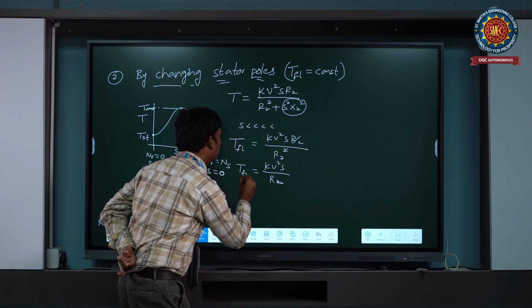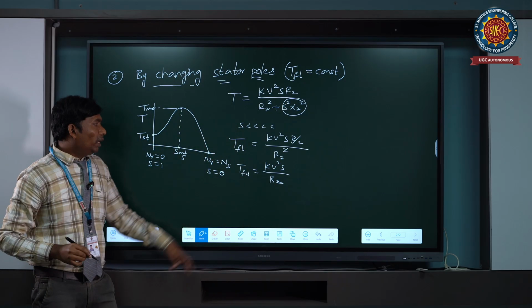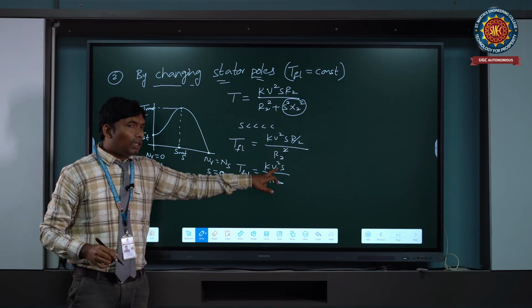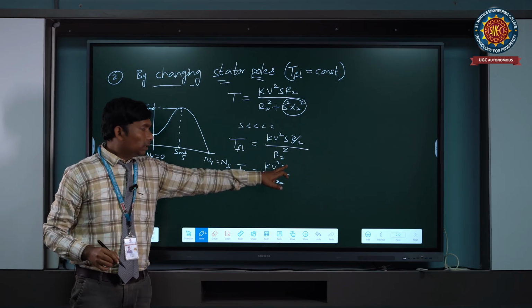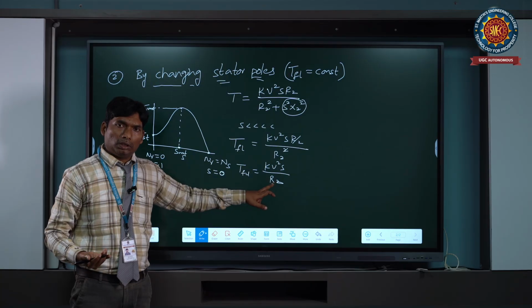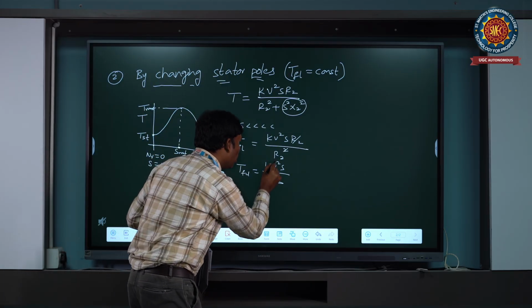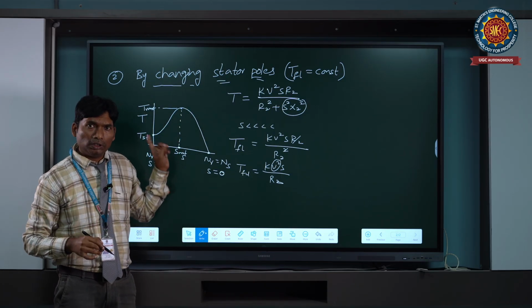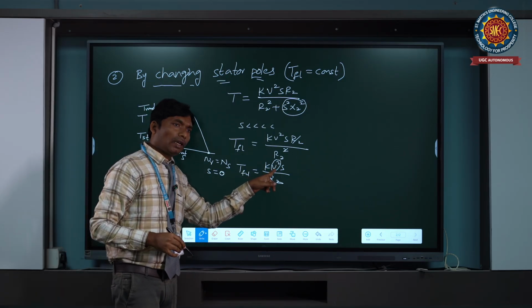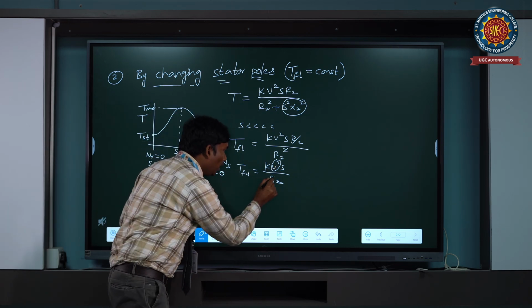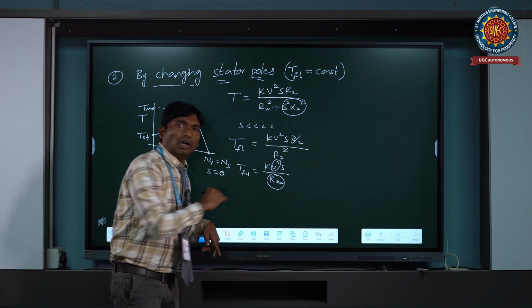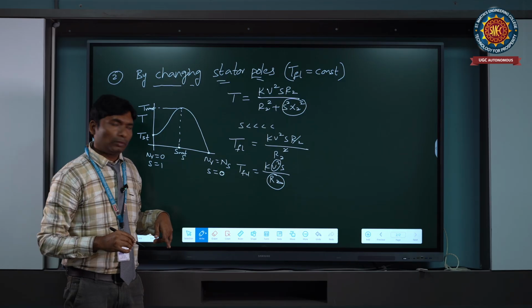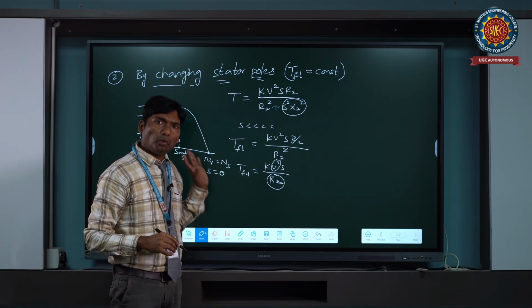This is the full load torque, where K is the constant, V is the supply voltage, S is the slip, and R2 is the rotor resistance. Here I am not talking about voltage because we are discussing the pole changing method, so I am not talking about V square. Even the rotor resistance R2 I am not discussing. We are discussing only the pole changing method.